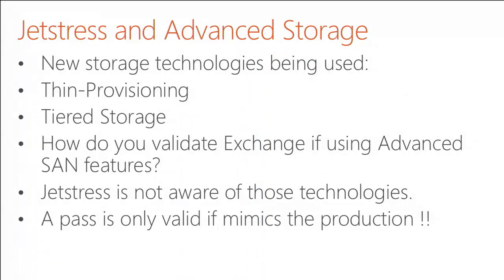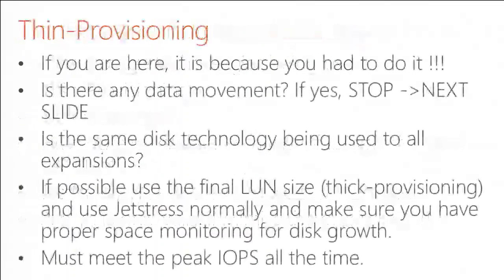And one thing, a pass is only valid if the thin provision must meet the IOPS all the time. Thin provisioning sometimes is associated with data movement, tiered storage. So if you have data movement with thin, you're not only thin provisioning, you have tiered storage. So we have all the other vendors, and that's another point.